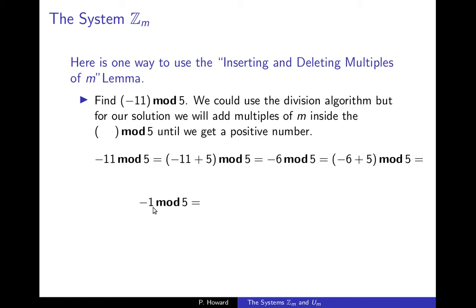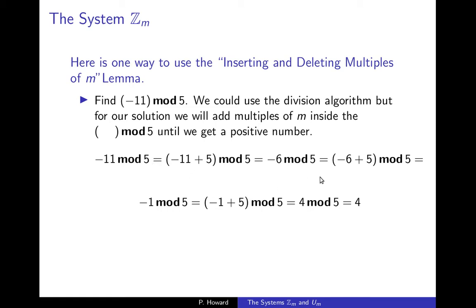Applying the inserting and deleting multiples of m lemma once more, minus 1 mod 5 is minus 1 plus 5 mod 5, which is 4 mod 5. And we know that 4 mod 5, the remainder when you divide 4 by 5, is 4.